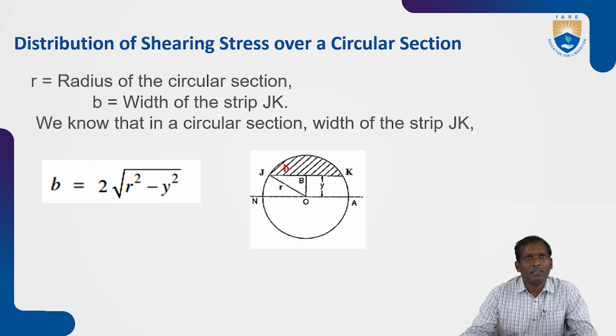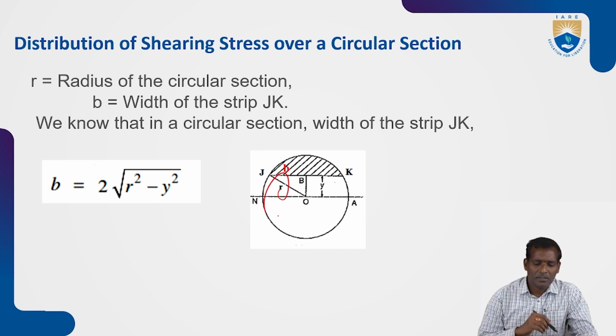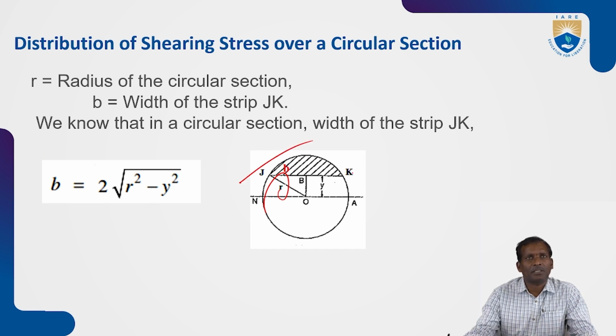Now take R as the radius of the circular section shown in the figure. JK is the elemental strip of the section, and b is the width of the strip.